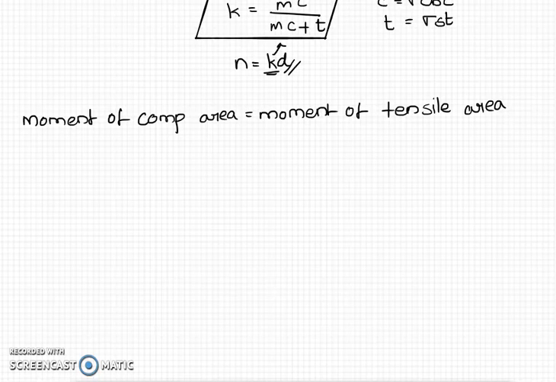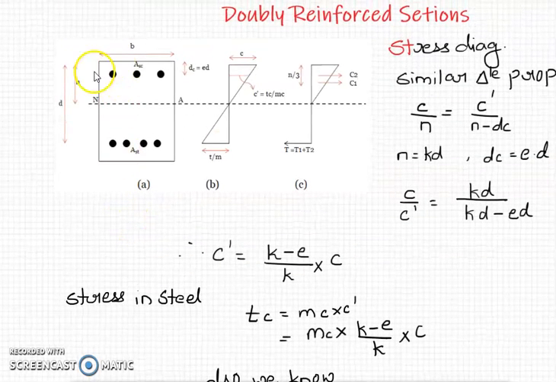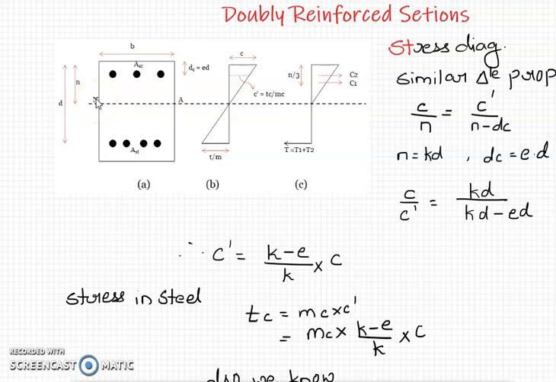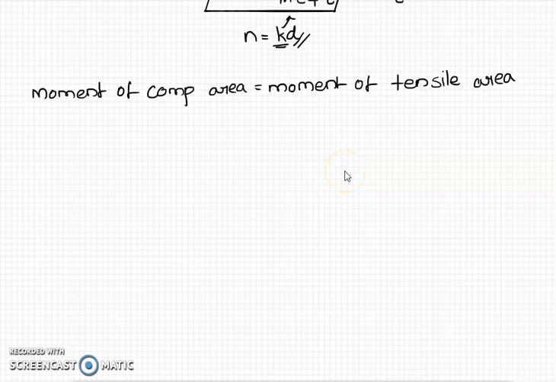Equate both. Okay, here now what is the area in compression? It is this particular rectangle, so it is B into N, area of the rectangle, and the CG of this area from neutral axis will be at N by 2. Okay, so I will write it equal to B into N, that is area of rectangle, and it is at N by 2 from the neutral axis.